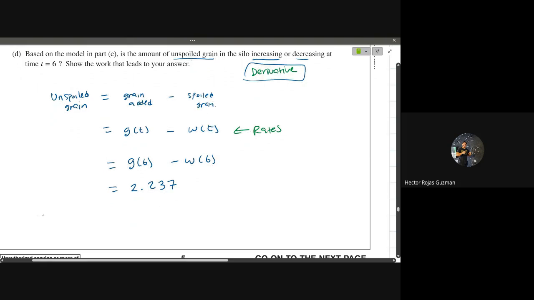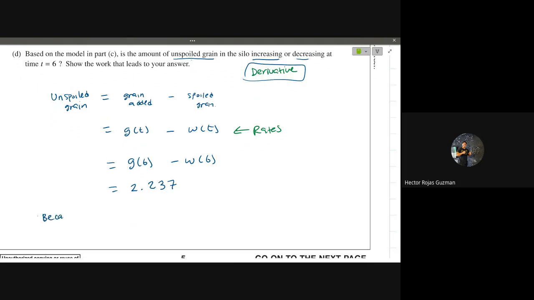So, because G of 6 minus W of 6 is a positive value, the amount of unspoiled grain is increasing at t is equal to 6 minutes.